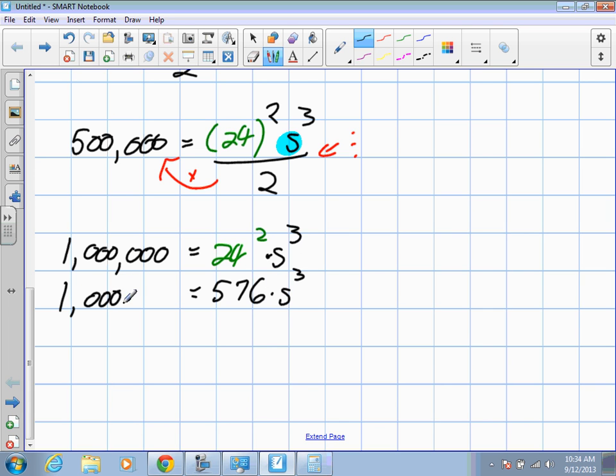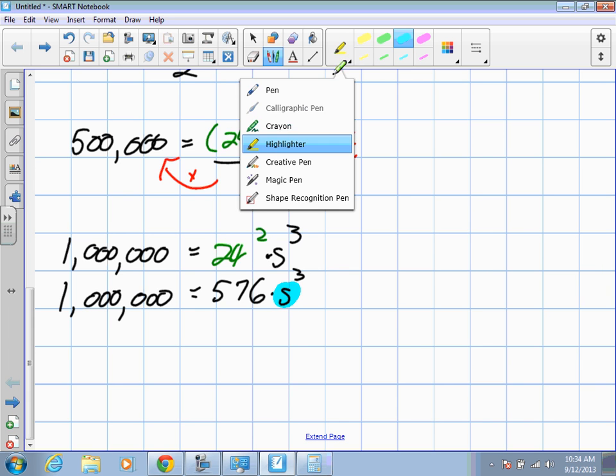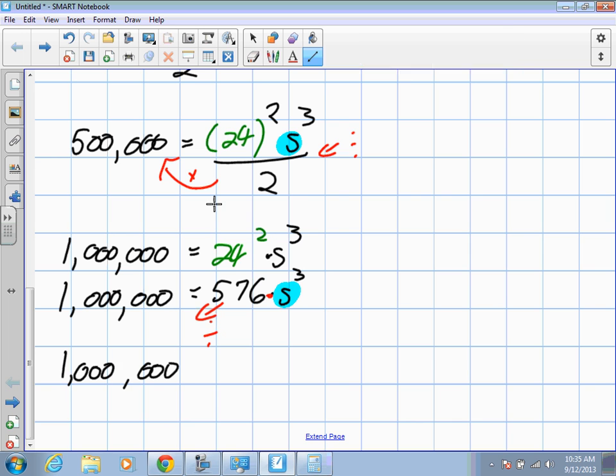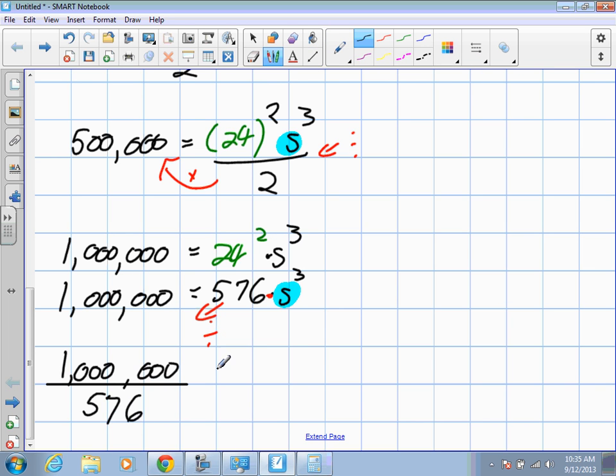In order to get S by itself, how do I move that 576? That's right. We're going to have to divide it. Since it's multiplied on this side, to bring it over, we'll have to divide. So I'm going to write it like a fraction. 1 million divided by 576 is equal to S cubed.